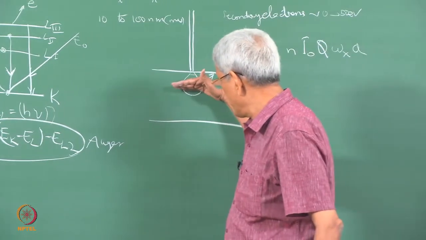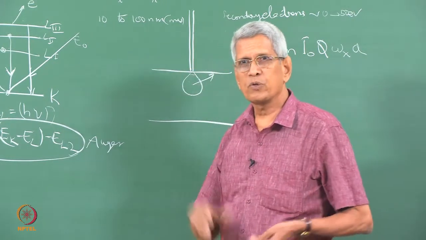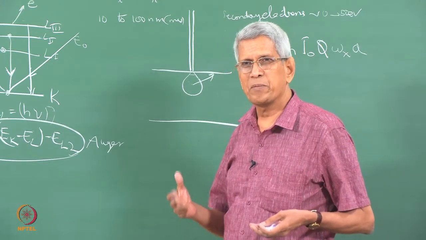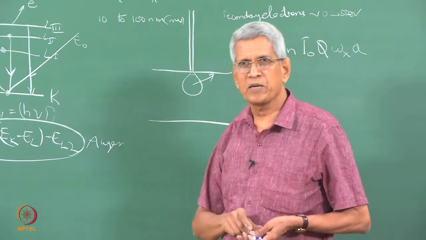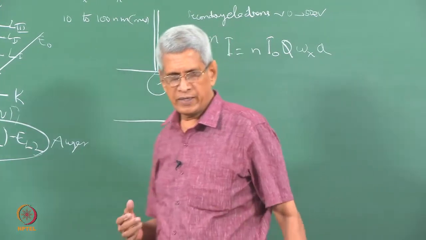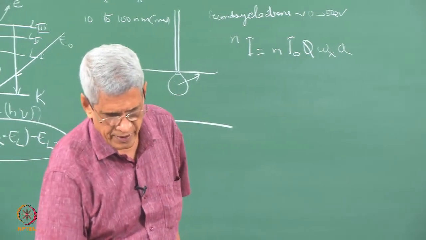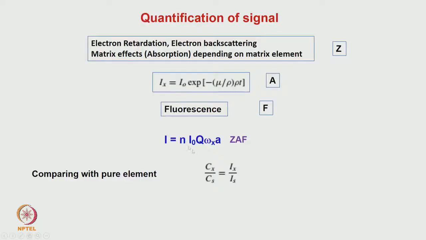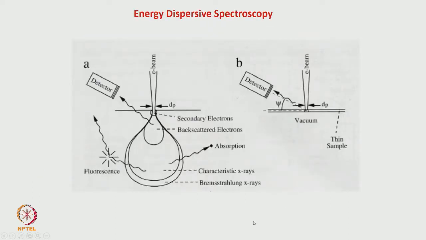I can use a pure standard. We know that for 100% X-ray emission the concentration has to be 100%. If I compare between these two, the ratio of the peaks should be equal to the ratio of the concentrations of the elements, Cx by the standard sample, provided these terms are also there, multiplied by the ZAF correction also.